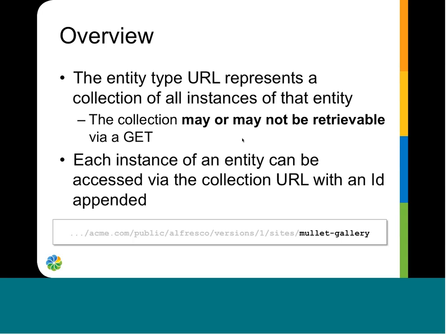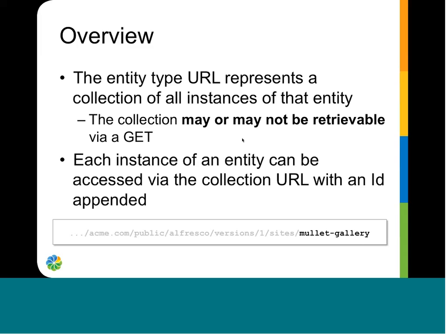However, you can, of course, retrieve individual instances from the collection. And to do that, you just get the ID. And you can see here we have a site called Mullet Gallery, and that URL path is the same. We have tenant, scope, API name, API version, entity type, in this case sites, and then we append an ID on the end, and that will give us the site information for that particular site.